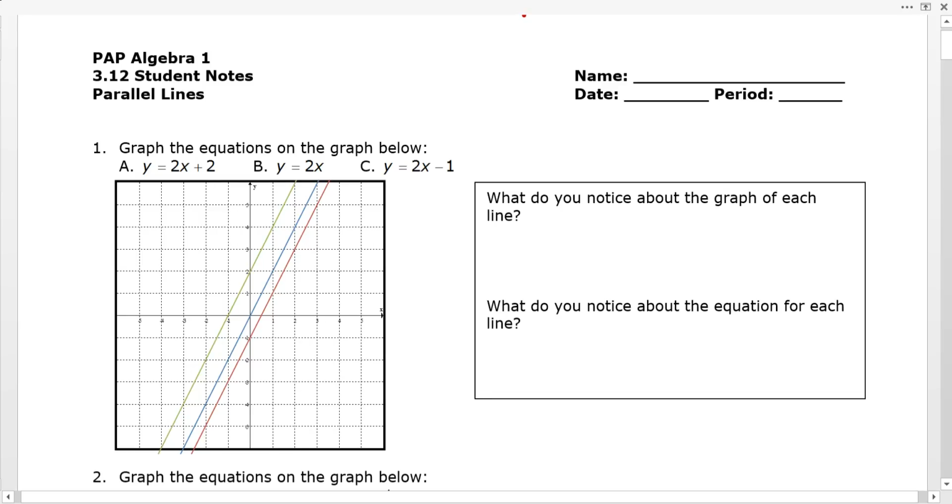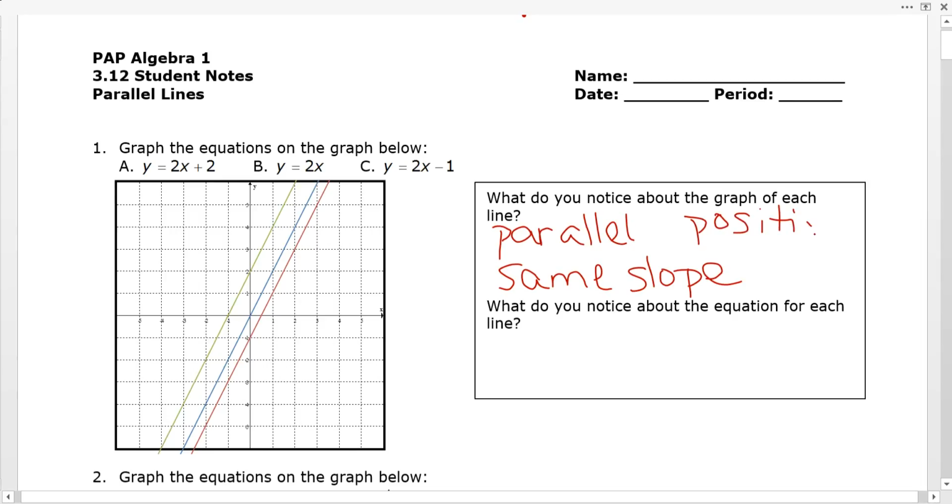Hopefully you notice about the lines that they're parallel. They have the same slope. They have a positive slope. The slope is equal to 2.